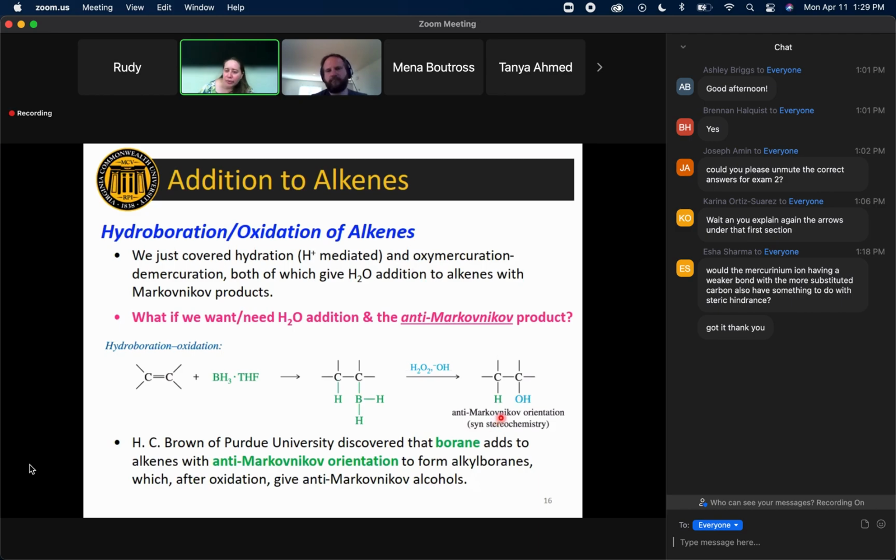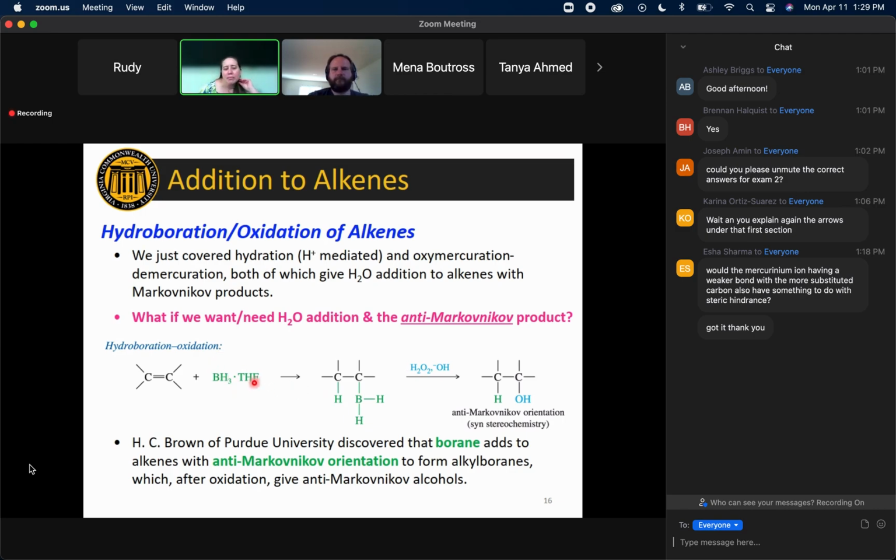Of course, that is not the reagents that we use to do this, but that is the end result, where we've added 2 hydrogen atoms and an oxygen atom. So that's H2O, which is water. We've added it across that double bond, and it will go with anti-Markovnikov orientation. I'll show you why on the mechanism slides coming up. It also has some additional stereochemical consequences that I'll tell you about on the mechanistic slides coming up.